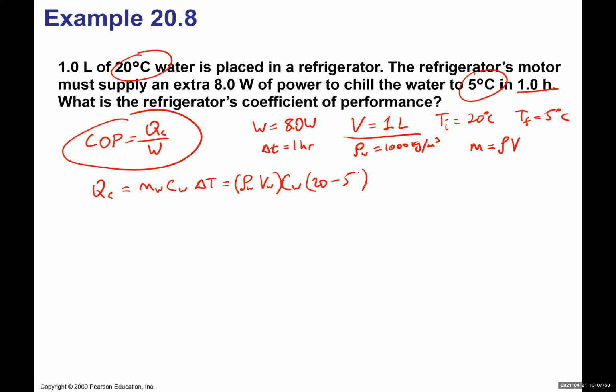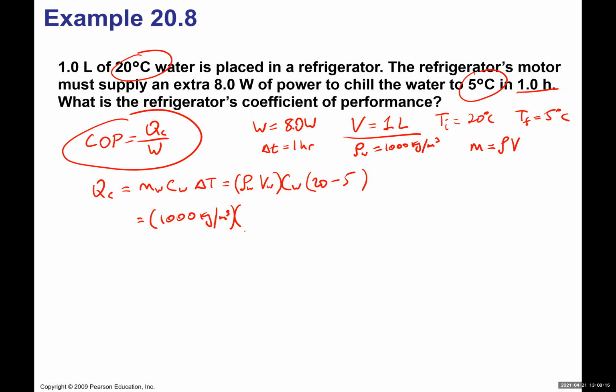Because if you put a negative here, there's no such thing as negative COP. So we just write down 20 minus 5 or use the absolute value for that. All right, so let's calculate this. Density is 1,000 kilograms per cubic meter.